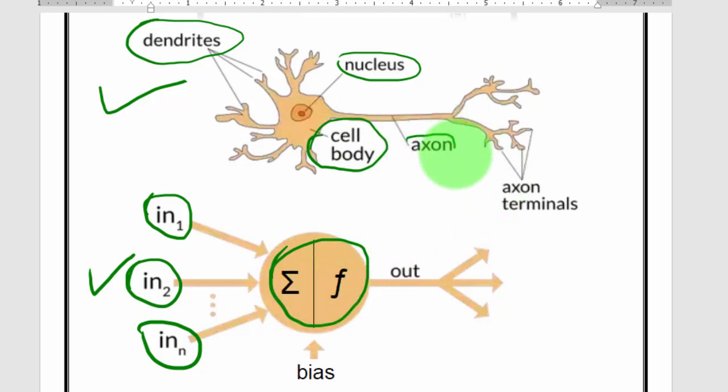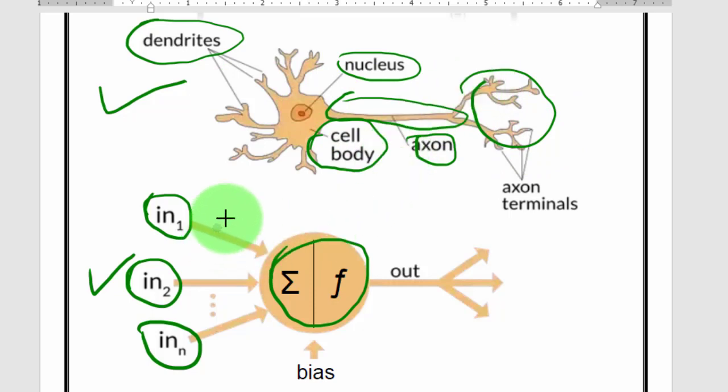The axon is a connection path between the input dendrites and the synapses, so this is nothing but your weights, and the synapses are nothing but the output. So this is the basic structure of the biological neuron as well as the artificial neuron.